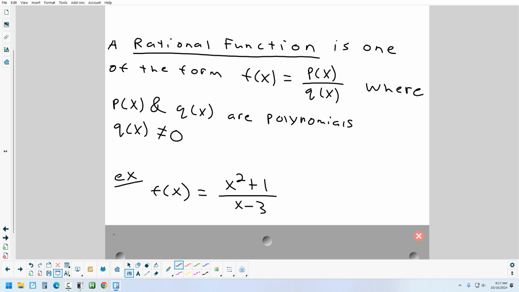How about this? If I did 3x to the -4 plus 5x divided by x minus 1. Is that rational? So what are we really asking? If it's rational, then the top and the bottom both have to be what?